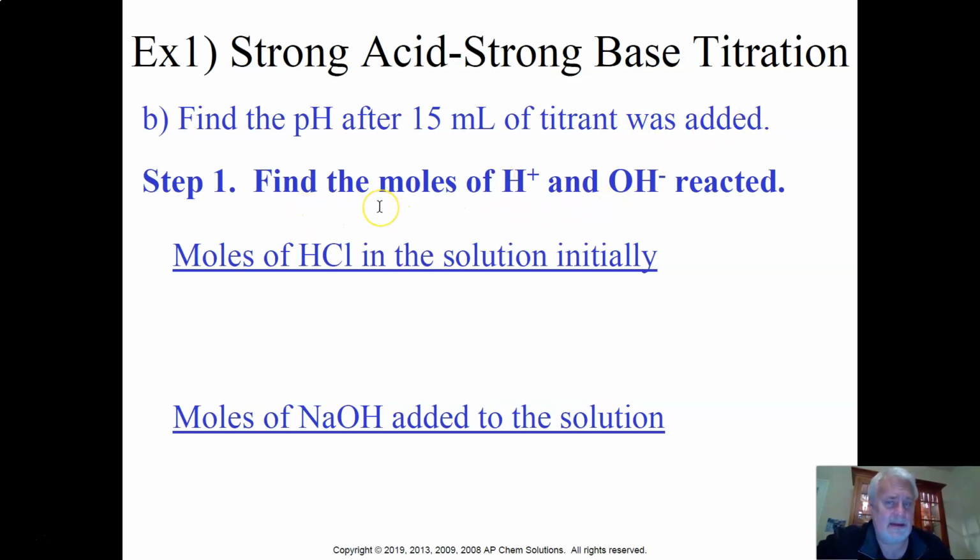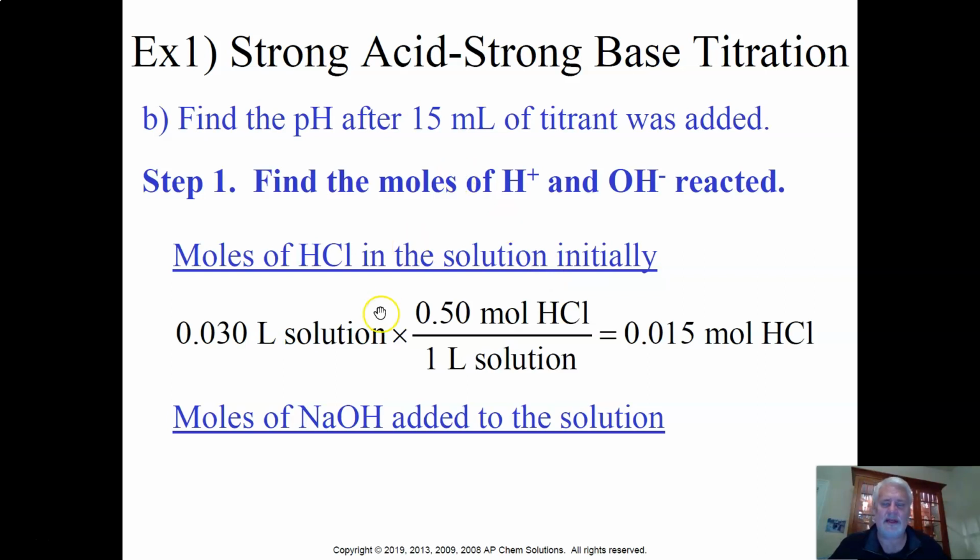So again, let your gut tell you, if I want to compare these two different things, get them to moles. The goal is the mole. Look at that. It works again. Moles of HCl initially, well, you had the 30 mils of solution, and this is the concentration of the solution, again used as a conversion factor. We've done that many times right now.